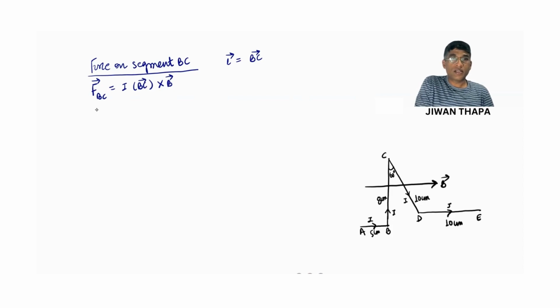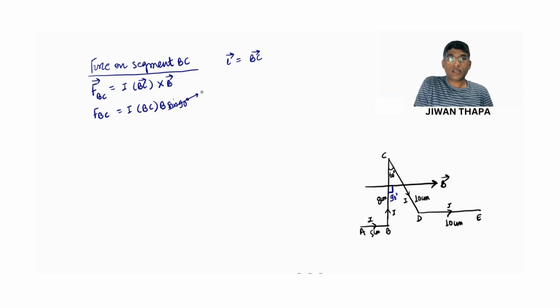So in magnitude we can write I times BC, and we have magnetic field B, and we can see the angle between BC and magnetic field, this angle is 90 degree. Therefore we can write sine 90 degree.